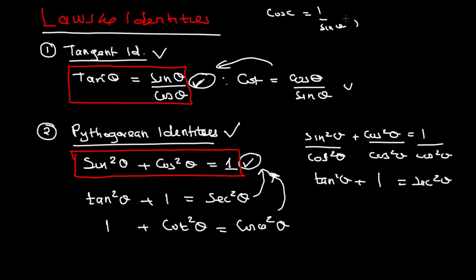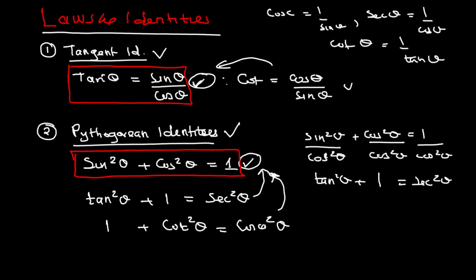These are called inverse or reciprocal identities, but those are just names. You just need to know this one and that one. Then you have sec theta is equal to 1 over cos theta. Then we have cot theta is equal to 1 over tan theta.